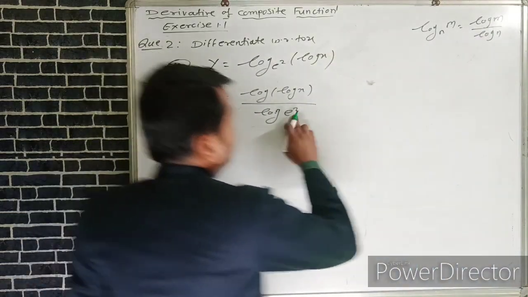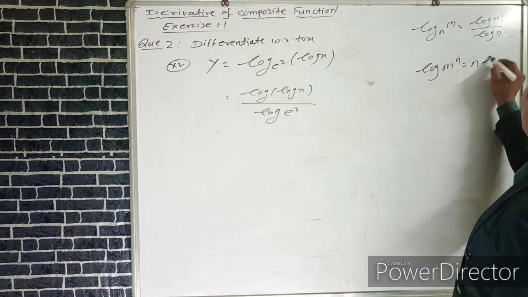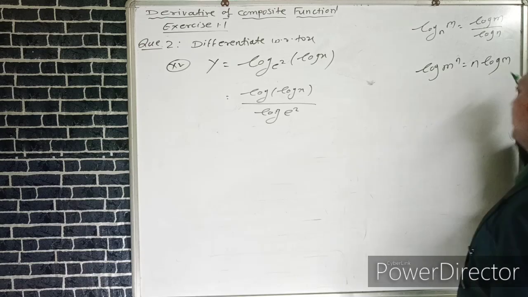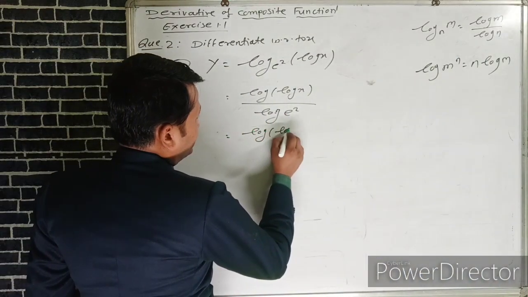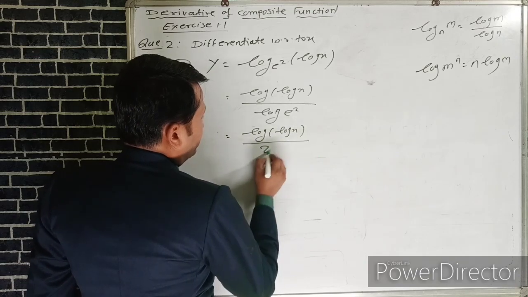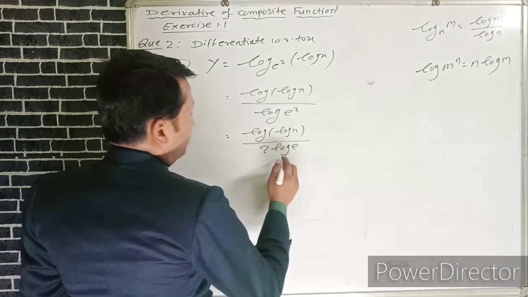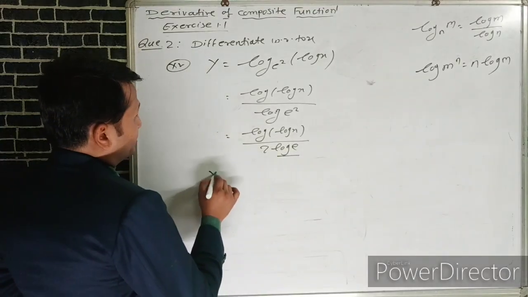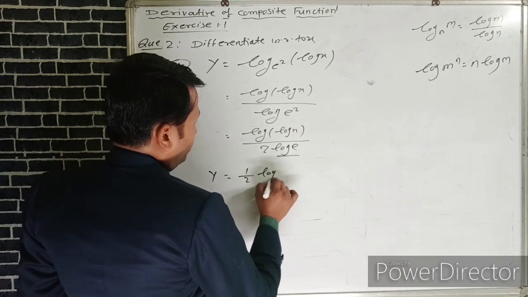Then again, log of m raised to the power n is equal to n log of m. Hence we can write it as log x upon 2 log of e. We know that the value of log e is 1. Hence y is equal to 1 by 2 into log of log x.